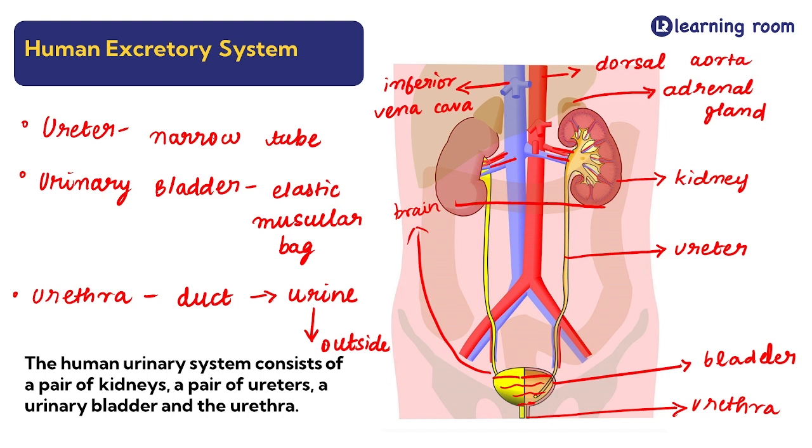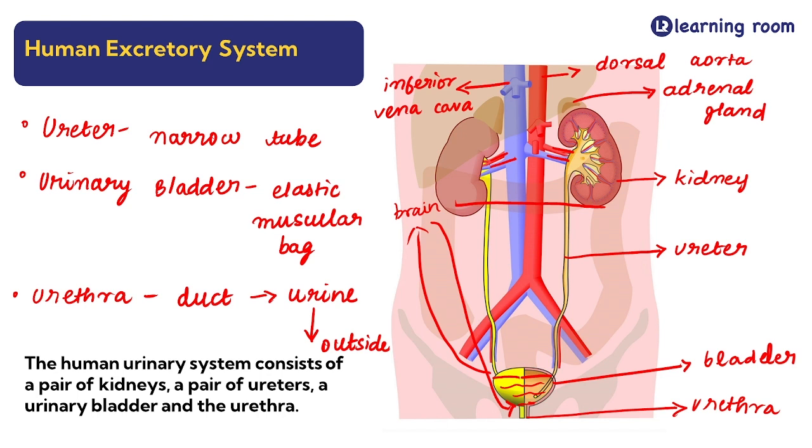The brain will send a nerve impulse back to the sphincter muscle, which will cause it to relax, and now the urine can be removed from the body. But to some extent, we are also able to control the contracting and relaxing of the sphincter muscle.